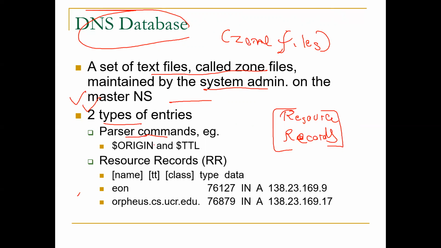One is parser commands, like who is the origin, who is the main authoritative, and the TTL value. And then we have the resource records for that entry. This is what is called a zone file. We will create all records in the zone file.